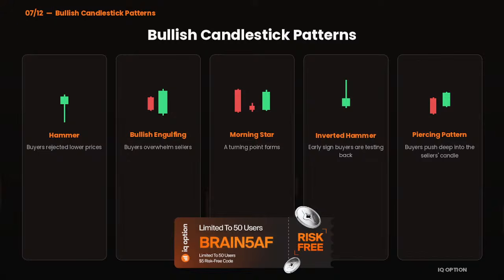Nobody is sure whether buyers are stronger or sellers are stronger, or whether buyers or sellers are going to take control of the market. After that hesitant candle, you will have a strong green candle that pushes back deep into that first red candle's body. That full journey, strong selling, a pause, then strong buying, is what gives the pattern real weight.